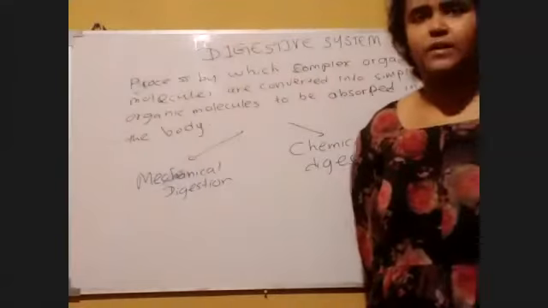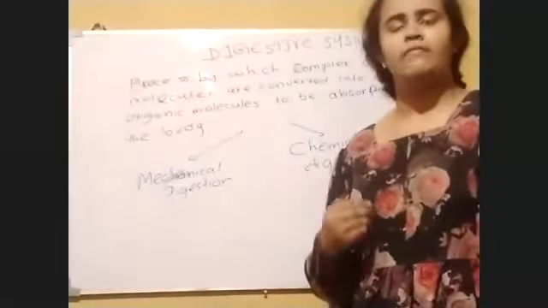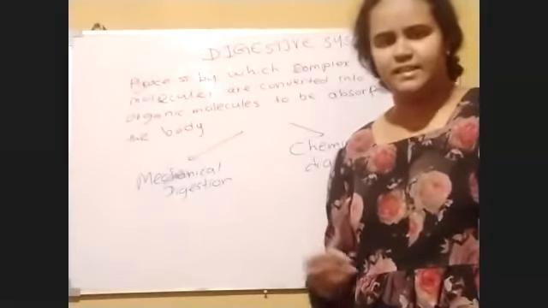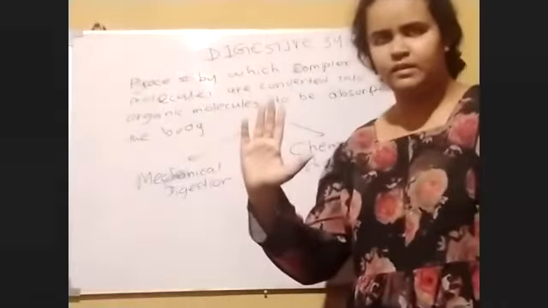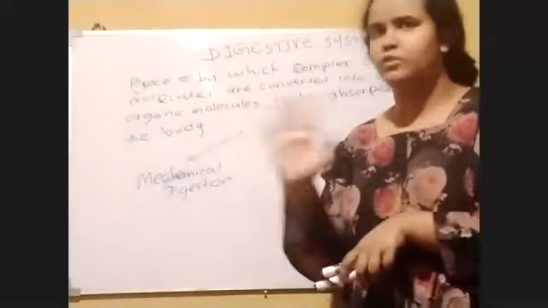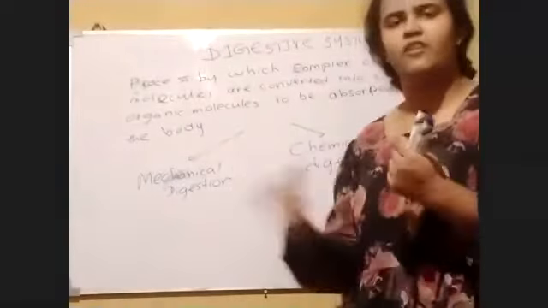What happens in mechanical digestion? The physical nature of the food is changing. What do you mean by physical nature? If I take my hand and cut it into 5, 4, 3, 6 parts, I have changed the physical nature of my hand.